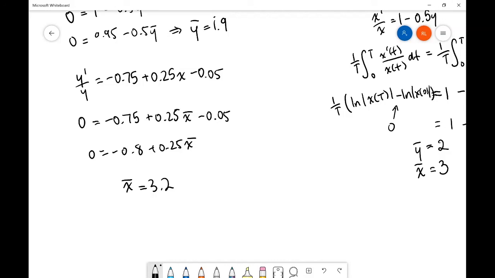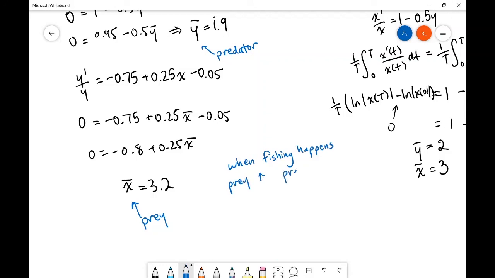So if you go back to the original start, we can see that x represents prey and y represents predator, right? So when fishing happens, prey on average goes up, and predator goes down.